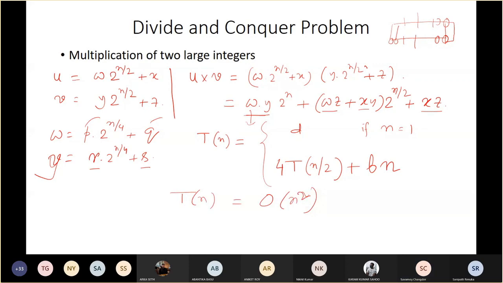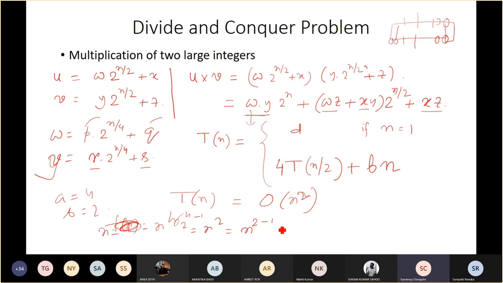You can recheck this, because a equals 4, b equals 2, and you can check that f(n) equals n to the power log a base b, which is n to the power 2. And f(n) can be written as n to the power 2 minus 1, which equals n.